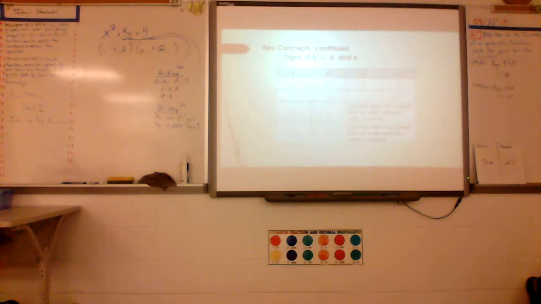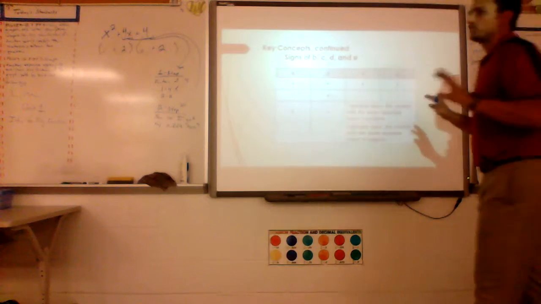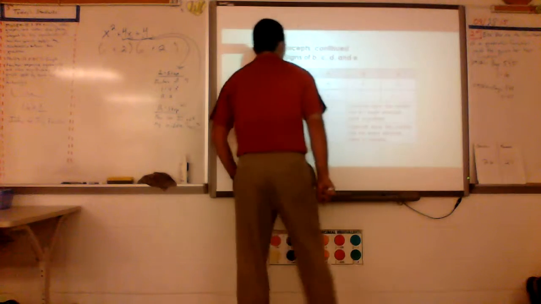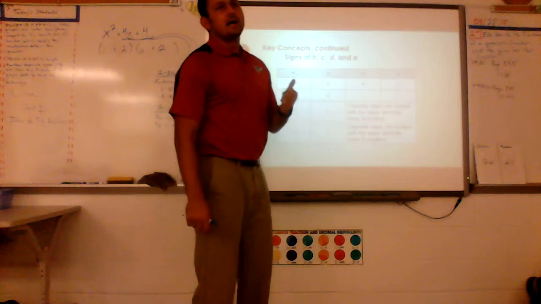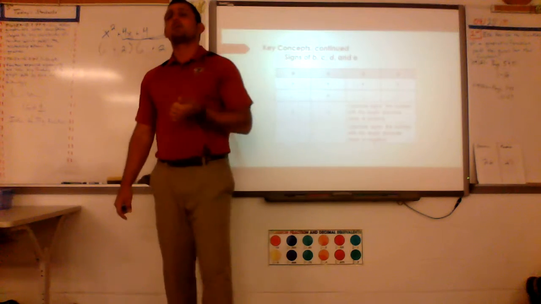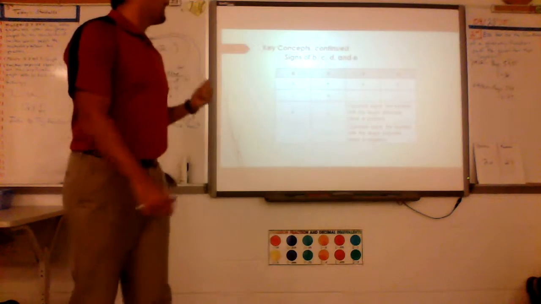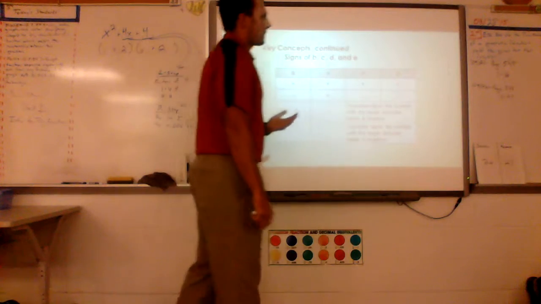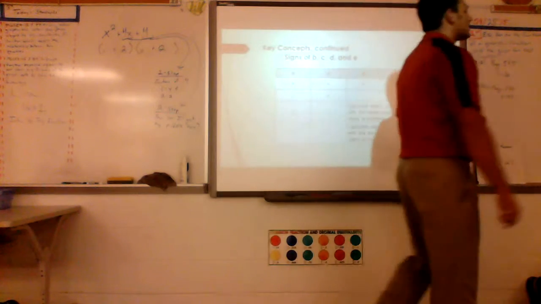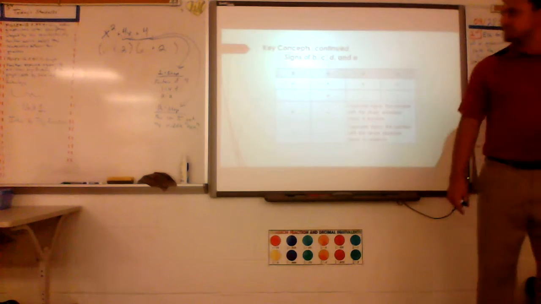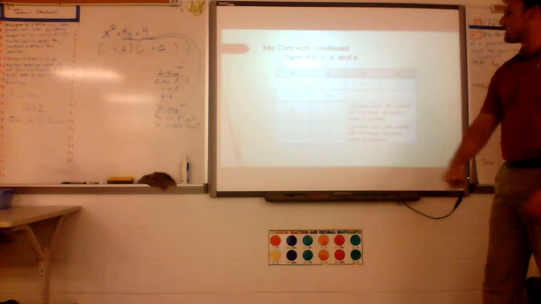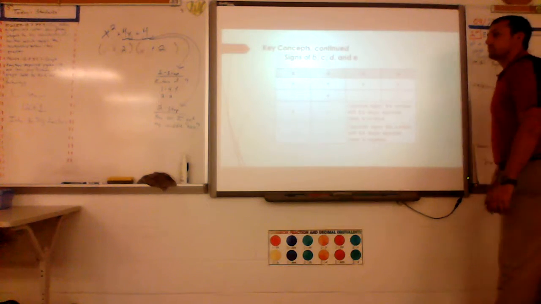Now let's take a look at this table real quick. The last slide gave us a bunch of variables that represent different things. It gave us a B, a D, a C, and an E. What this table shows us: if my B and C are both positive, in parentheses I'm going to have both positives.